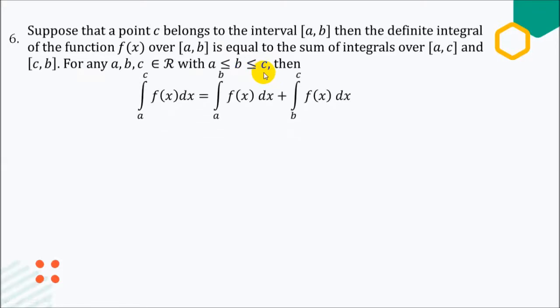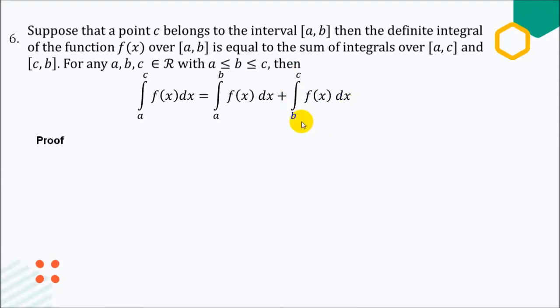You can see here the integral of f(x) dx from a to c is equal to the integral of f(x) dx from a to b plus the integral of f(x) dx from b to c.